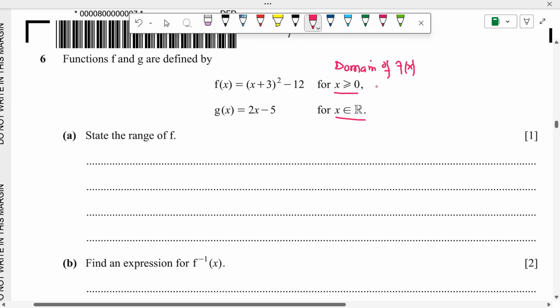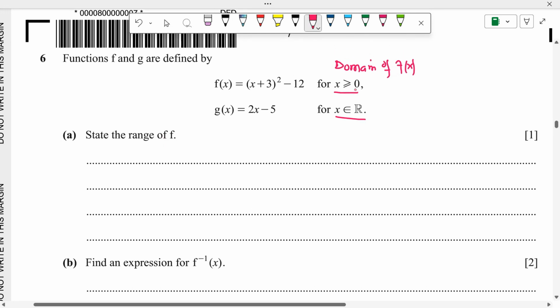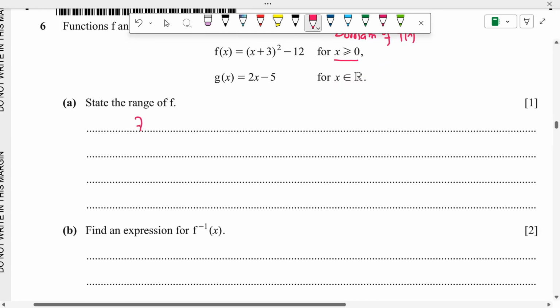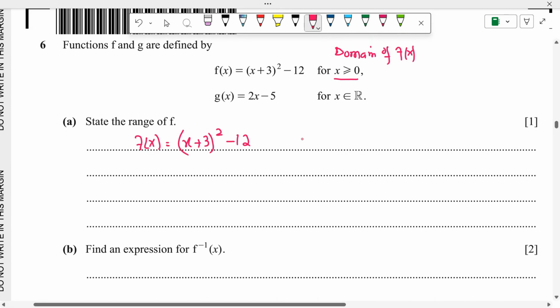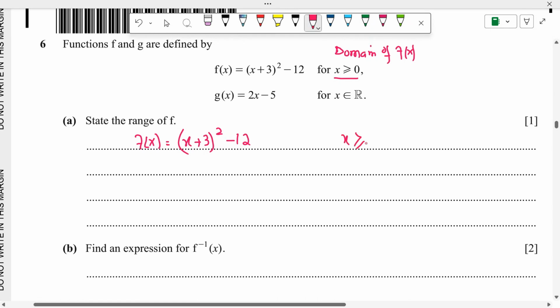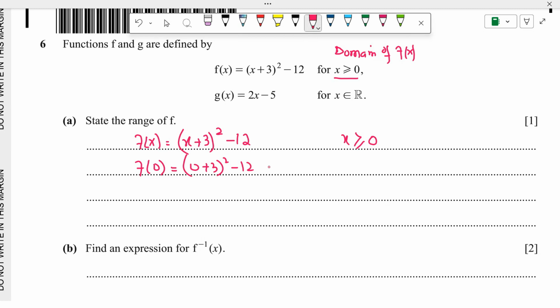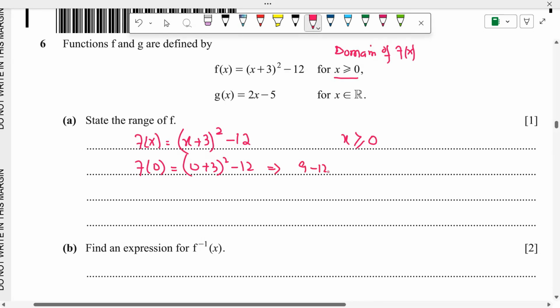We know that the domain of f of x is greater than or equal to 0, and f of x is (x plus 3) whole squared minus 12. When we plug in x equal to 0, we have 0 plus 3 squared minus 12, which is 9 minus 12, equal to negative 3.